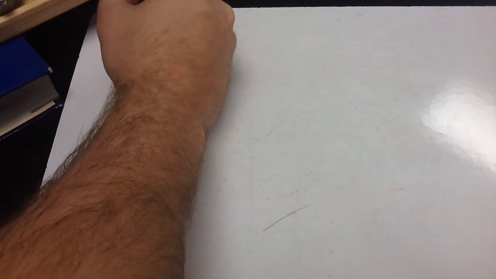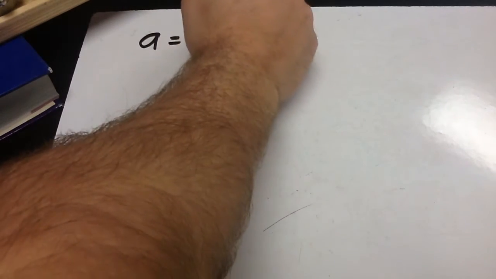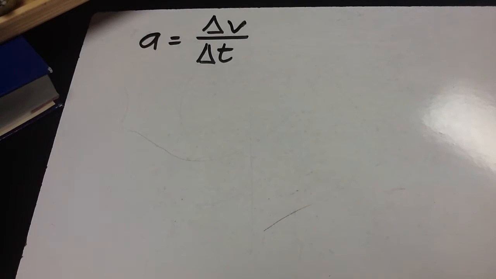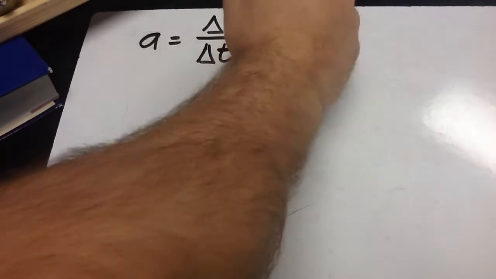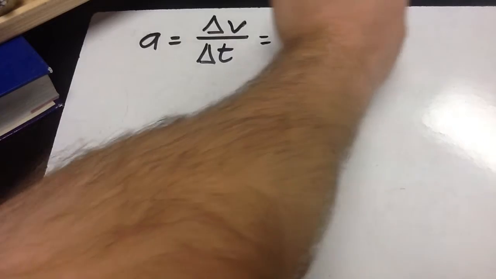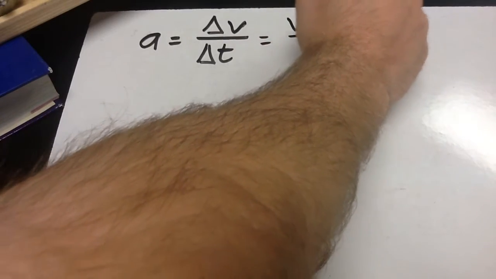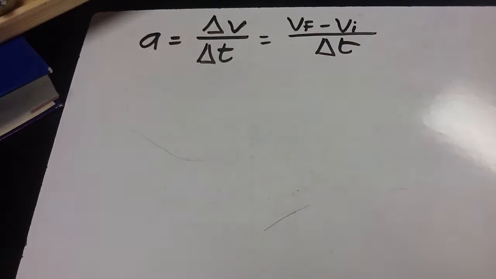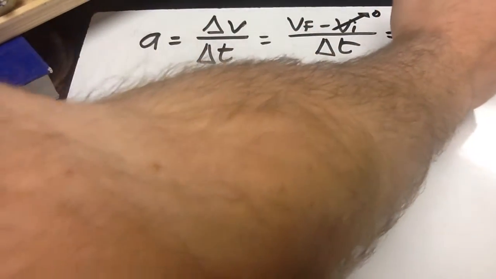In order to measure the acceleration, we're just going to measure a change in velocity over a change in time. A change in velocity we could write as v final minus v initial over delta t. Because we're going to let the cart start from rest, v initial is 0.